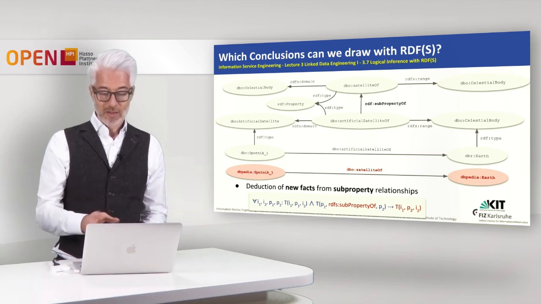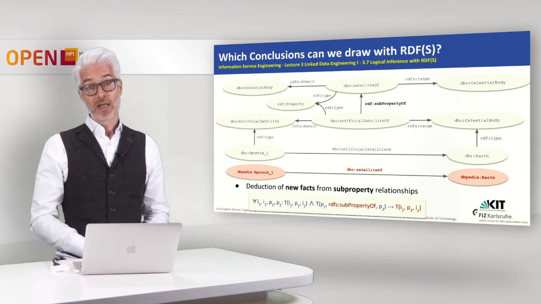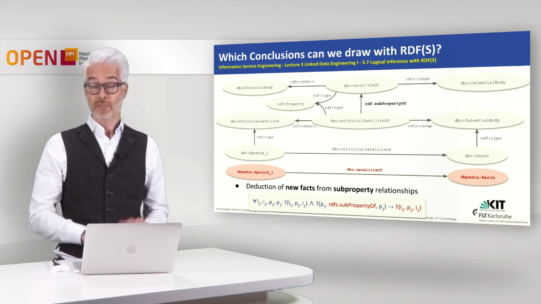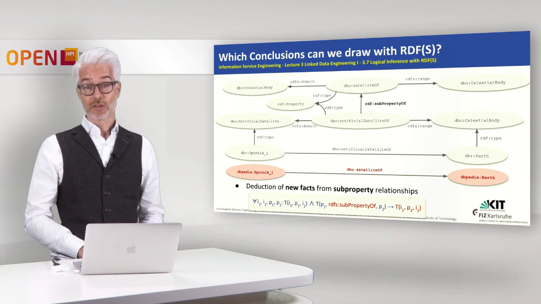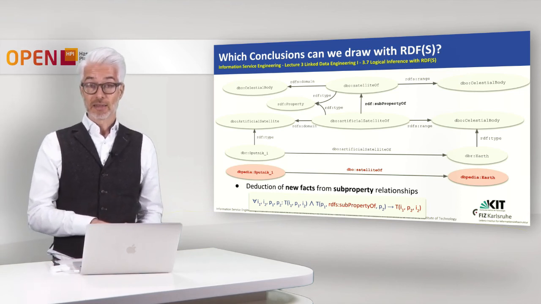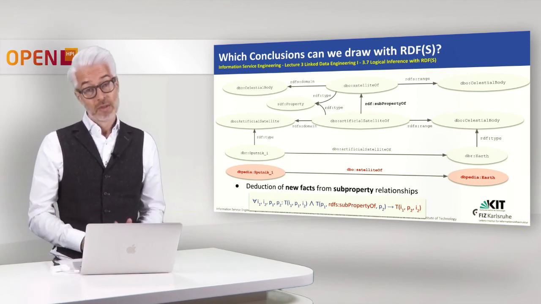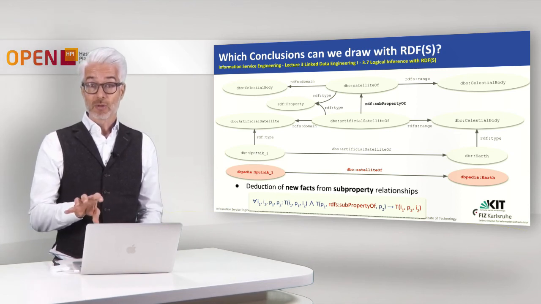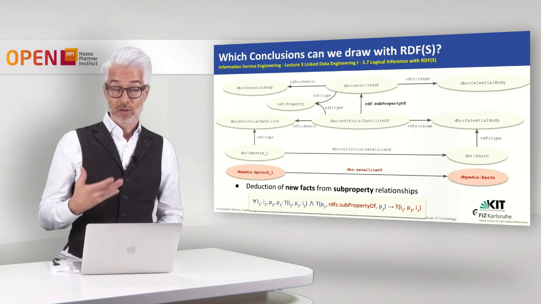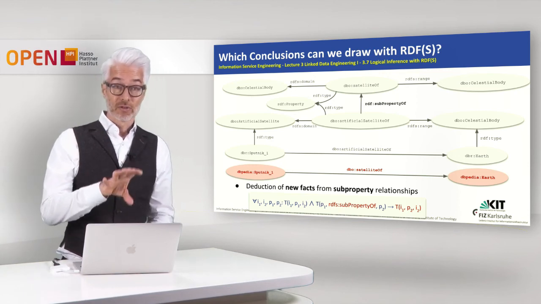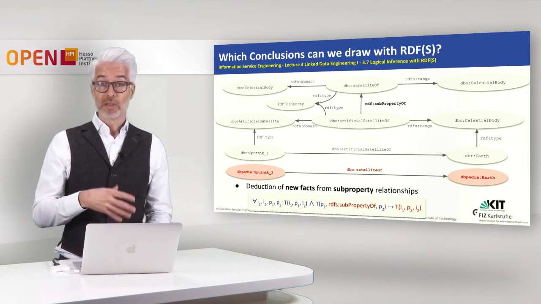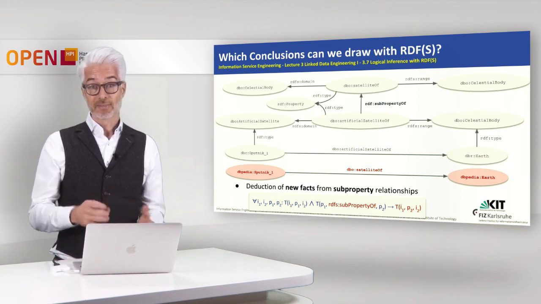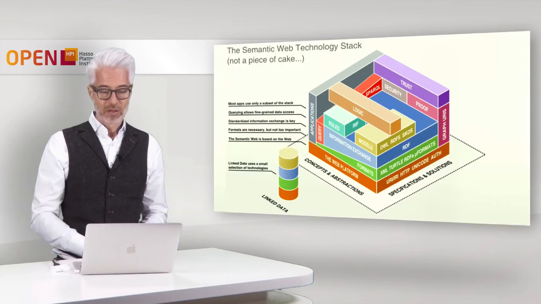So this is simply the same fact that I was explaining to you, expressed here in first order logic. And based on first order logic, of course, if I use this as a formal mathematical model, I can draw conclusions. And this is what makes a model based on ontologies, which are based on a formal mathematical model, superior to any other kind of data definition language, which lacks exactly this mapping to a formal logic.